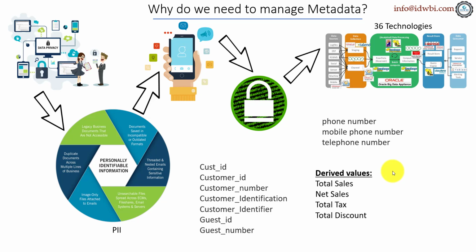And it's not that the whole team is ready and waiting for this task to be done. They have other things at hand, which means you have to prioritize, which means you have to put your book of work plan on hold and do this activity. So operationally, if you did not have metadata showing that customer ID in ERP is customer number in data collection is guest ID in the data consumer layer, unless you have that, it'll be a nightmare identifying and doing the very simple activity of encrypting something.